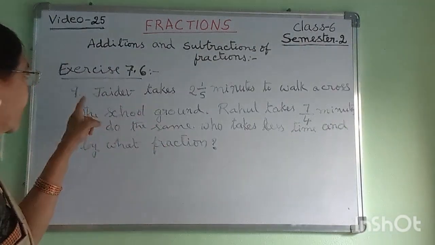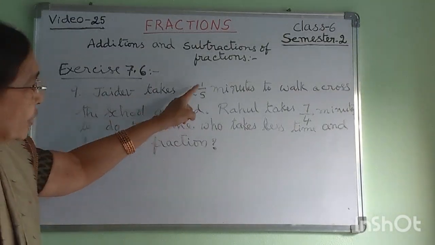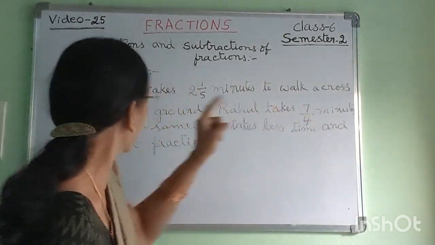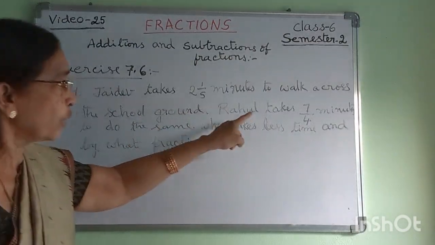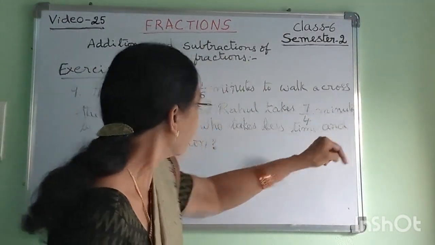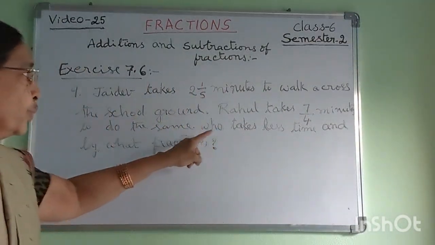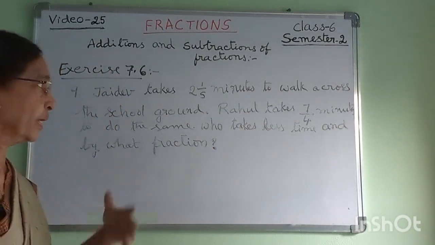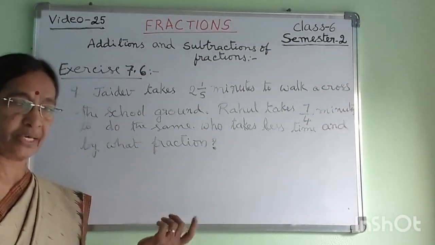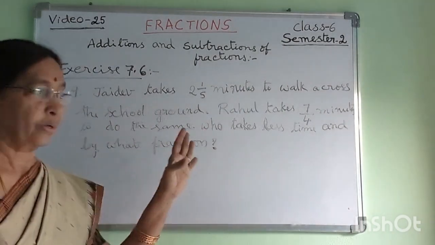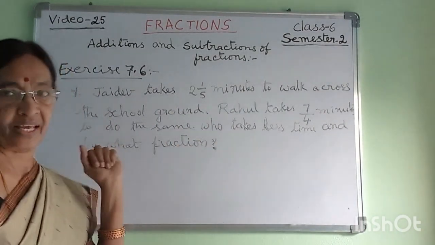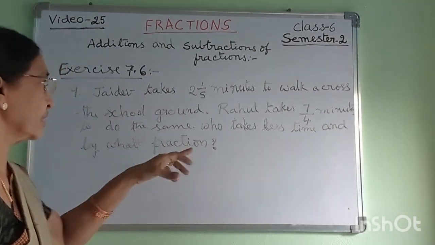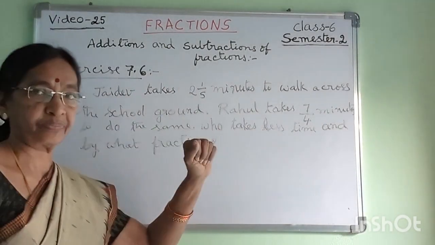So next, ninth problem. Jaidev takes 2 1/5 minutes to walk across the school ground. Rahul takes 7/4 minutes to do the same. Who takes less time and by what fraction? Similarly, as in the previous case, we have to find out which is less, because they asked who takes less time.